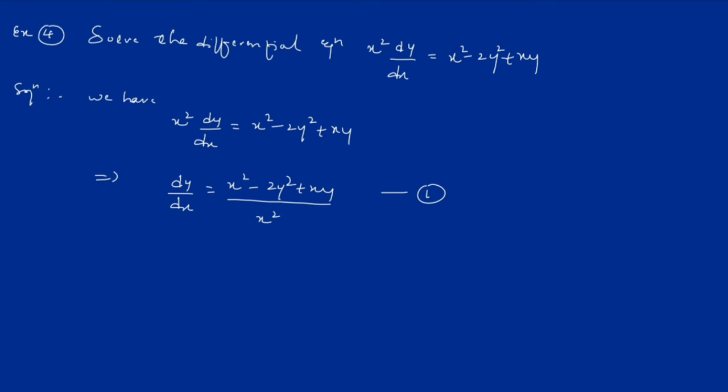This is a homogeneous equation, we can say, right? Because the numerator is degree 2 and the denominator is also degree 2, therefore it is a homogeneous differential equation.